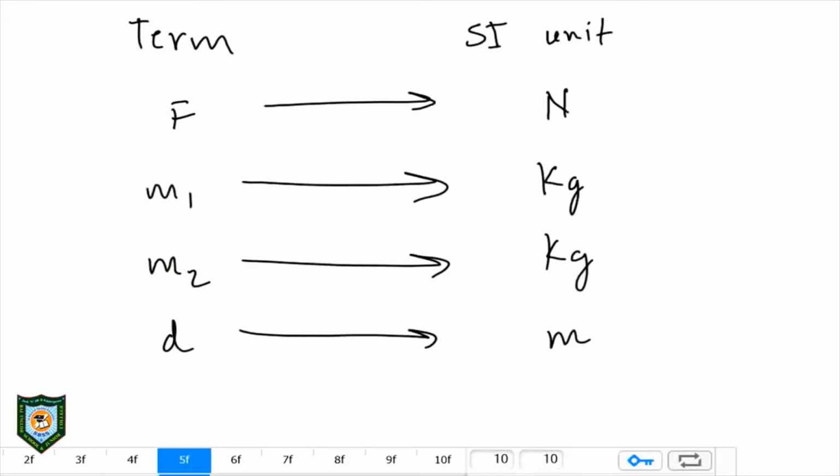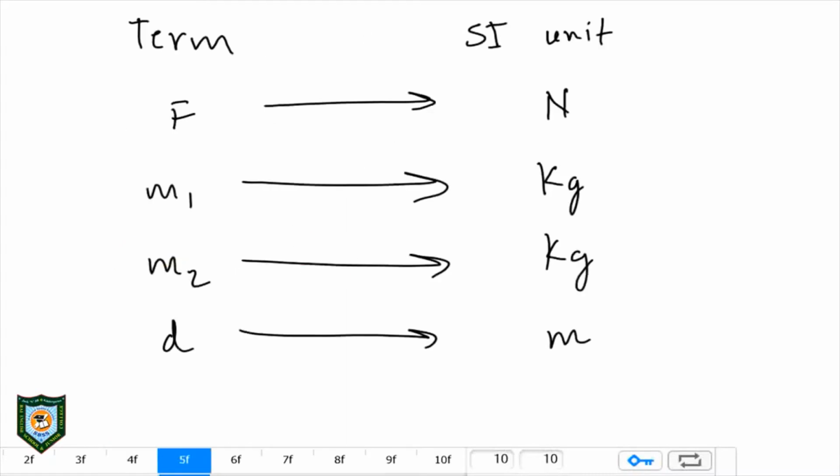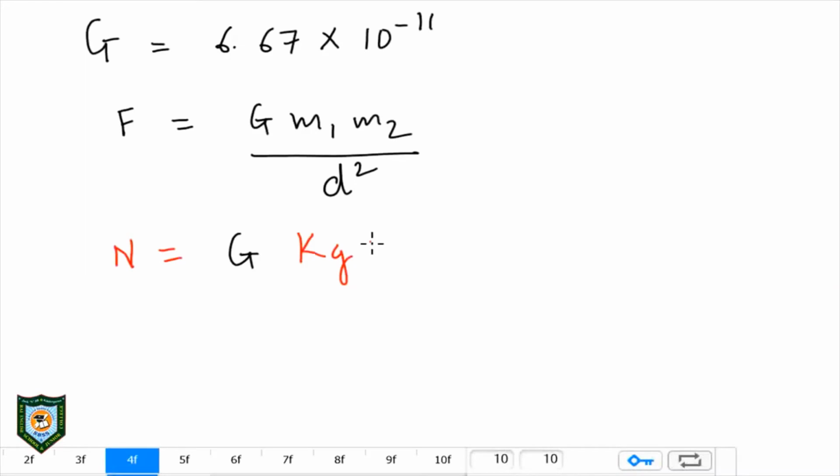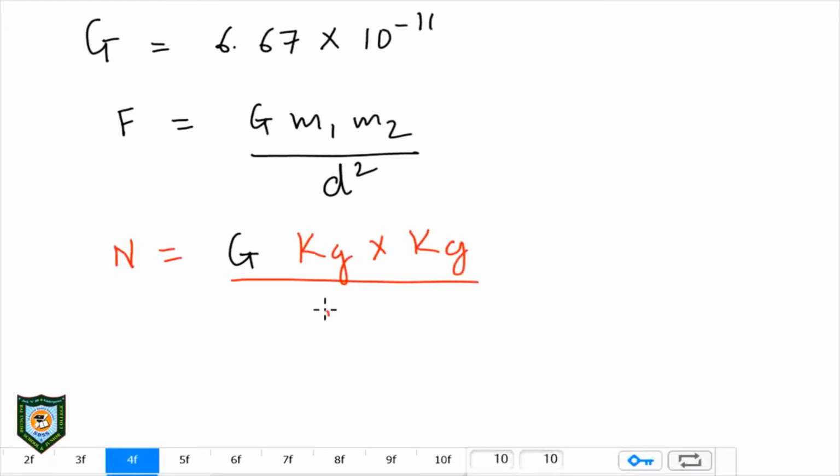The SI unit for mass is kg, so this is kg. The SI unit for mass 2 is also kg, so that is into kg. And the SI unit for distance is meter, so this is meter here. And remember, the distance square is in the denominator, so this has to be squared as well.